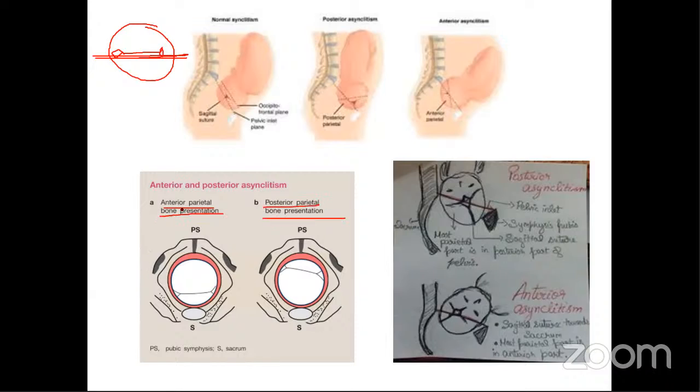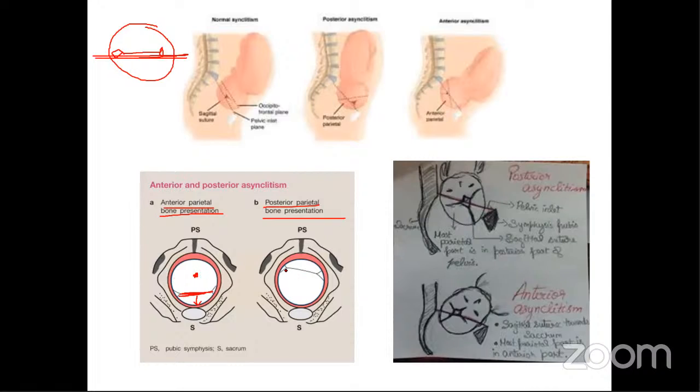In anterior parietal bone presentation, the sagittal suture will move towards the posterior aspect of the mother, and what you can feel on pelvic examination is the anterior parietal bone of the fetus, right? That kind of asynclitism is called anterior parietal bone presentation or anterior asynclitism.